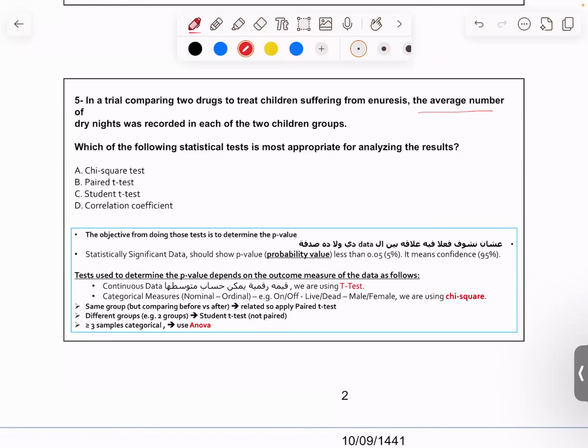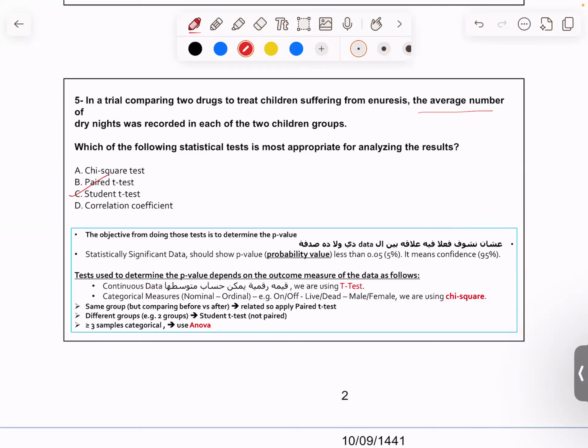What's the answer? This is the student t-test. Yes, it's correct. Okay, that's the correct answer. As it says here, it is continuous data, so we will use the t-test.